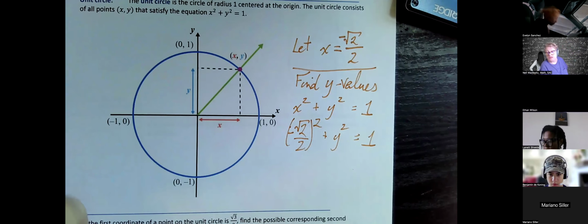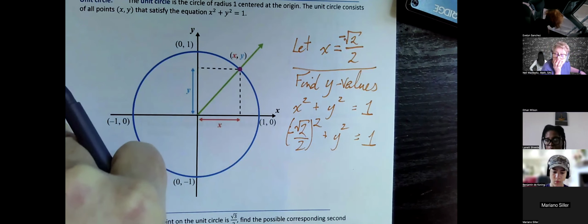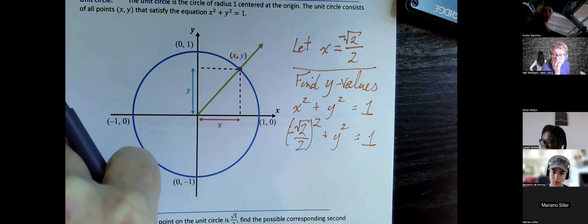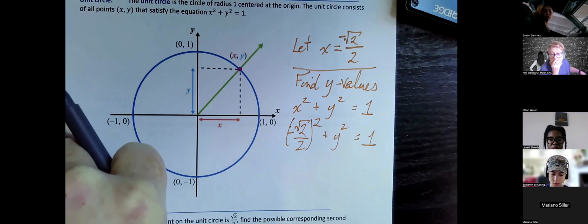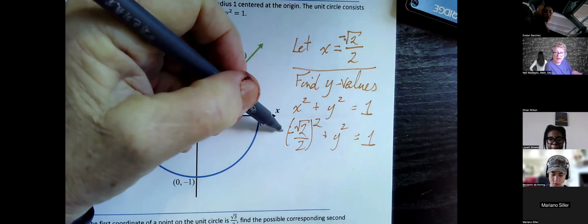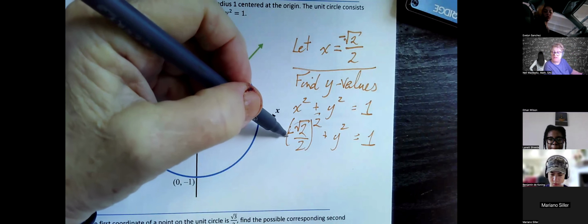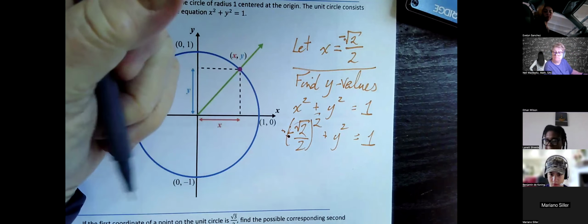What's a good first thing to do? Get rid of the parentheses. Yes, very good. So the negative squared is? That's a positive. Good. So we can ignore that.